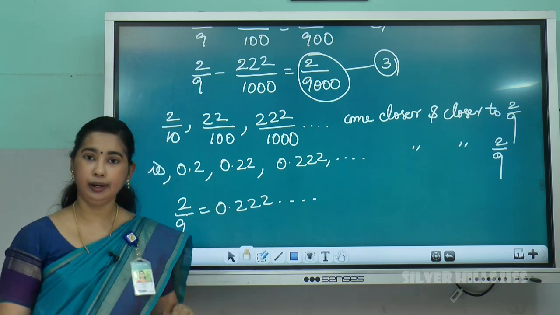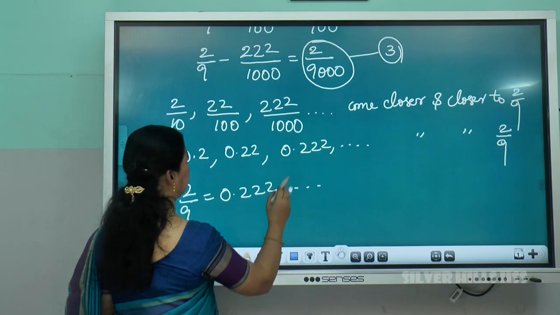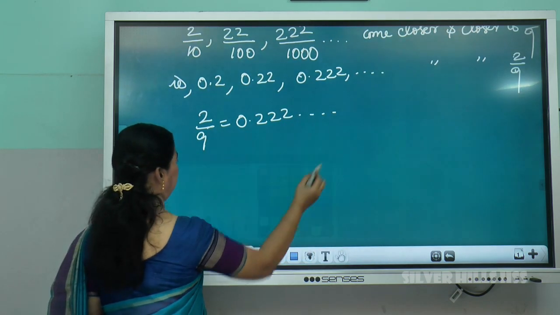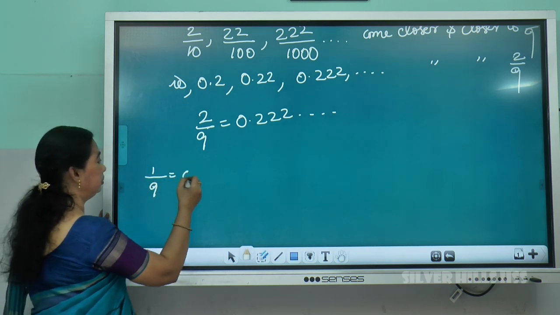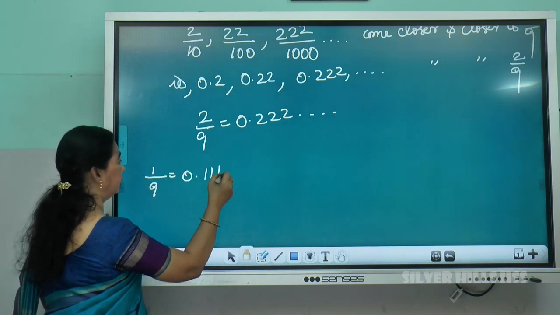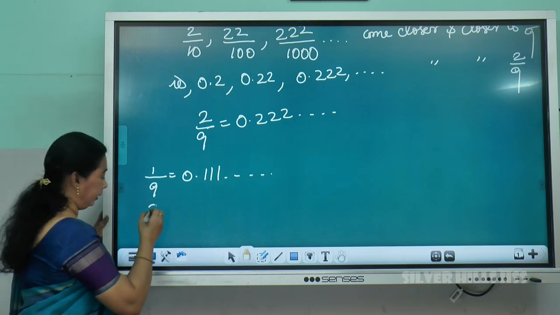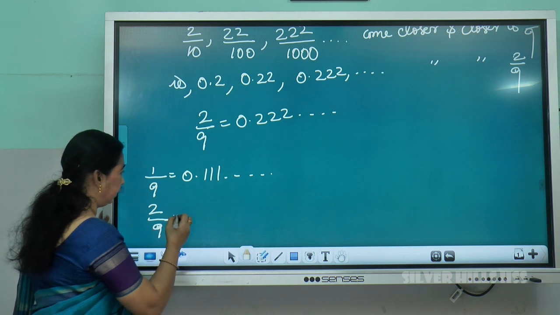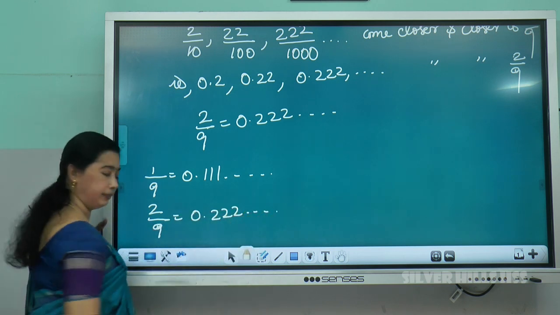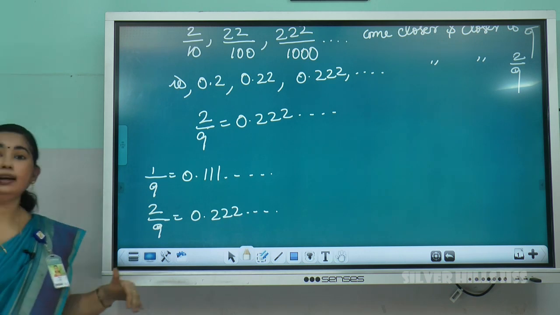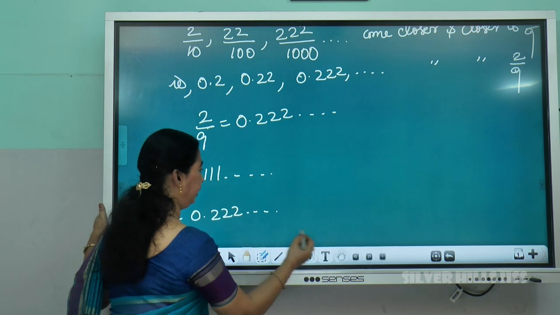Now I got 2 by 9. We will write all these together and see what is the generalization. Earlier I got 1 by 9 is equal to 0.111, etc. Now, 2 by 9 is equal to 0.222, etc. Then definitely I can write the remaining.